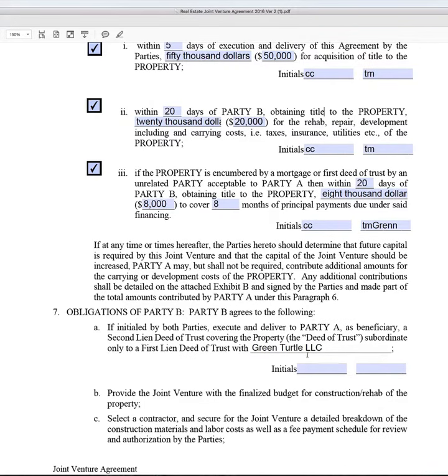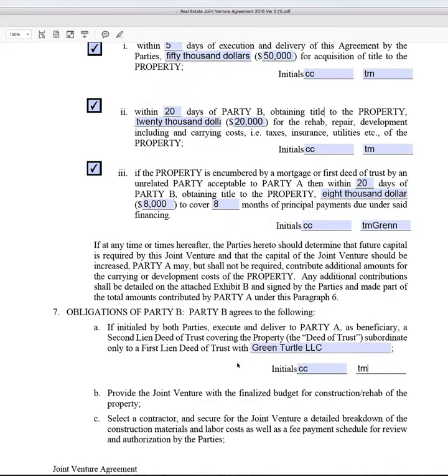All right. So this states that when you loan money or you provide financing for this joint venture agreement, you're going to get back a second deed of trust against the property. So your funds are going to be secured. So the investor is offering up a second deed of trust. It's just saying that it's only subordinate to the first position lender, which is Green Turtle LLC. So then again, you initial, just like this.